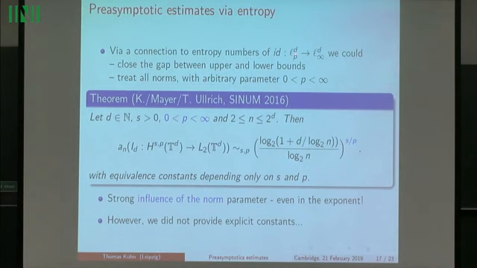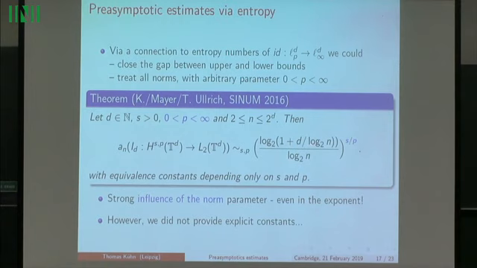So we got the correct order here, and it turned out that in the numerator we don't have the 1 as in the lower estimate before, we don't have log d as in the upper estimate before, but it's d over log n.